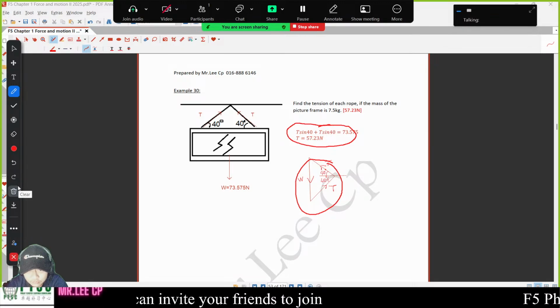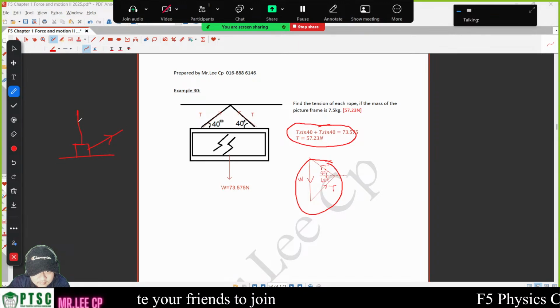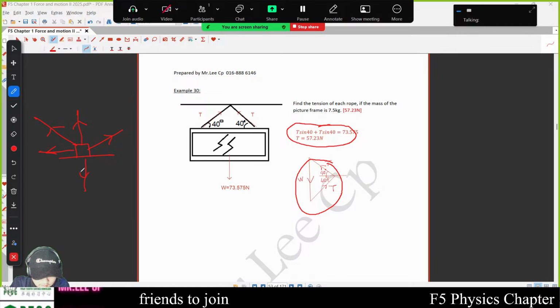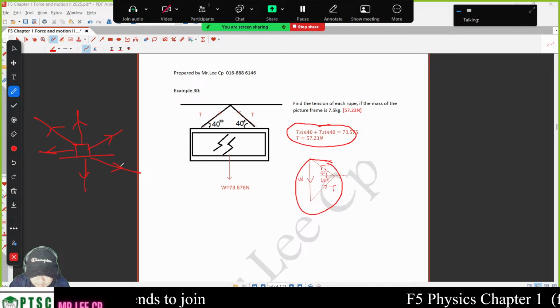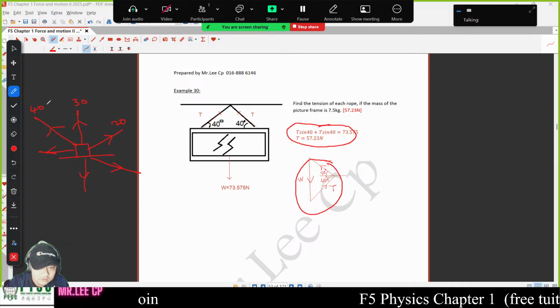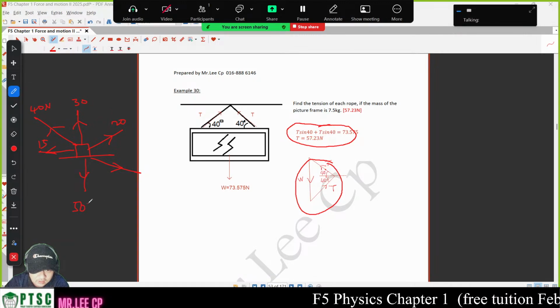For example, a question like this is very complicated. This is 20 Newton, 30 Newton, 40 Newton, 15 Newton, 50 kg, 500 Newton.